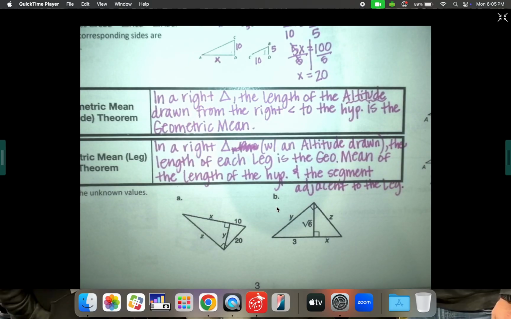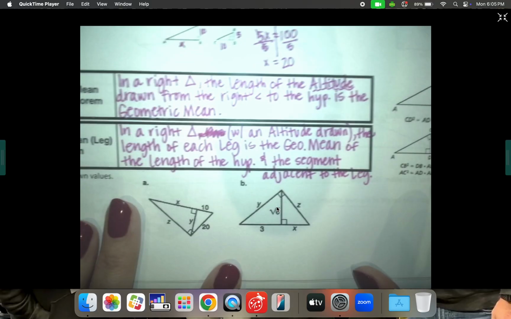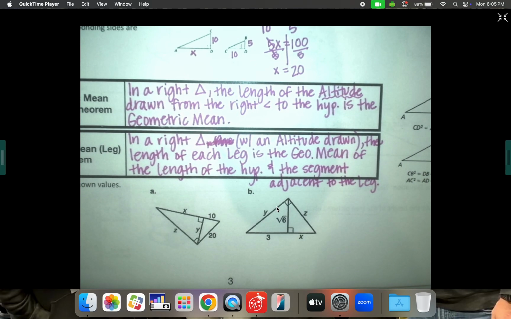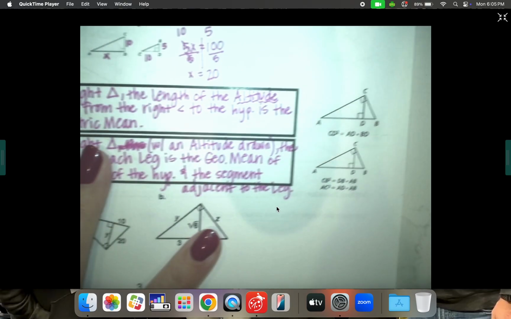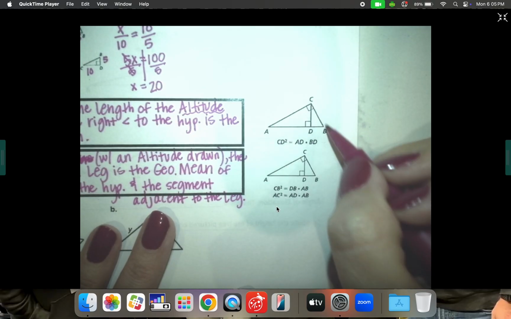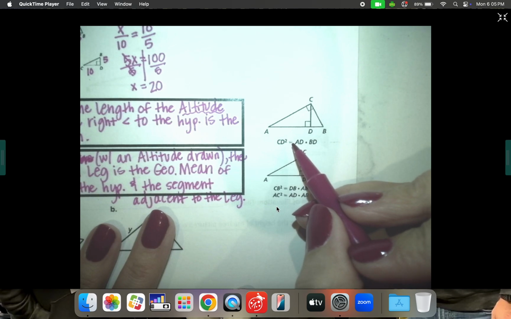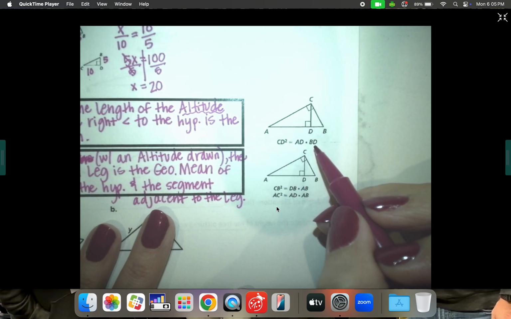Okay. So here's what it is saying. You can pause the video and go back and write that out if I went a little too fast. Here's your ABC, big triangle. If you square it, it's equal to AD times BD.